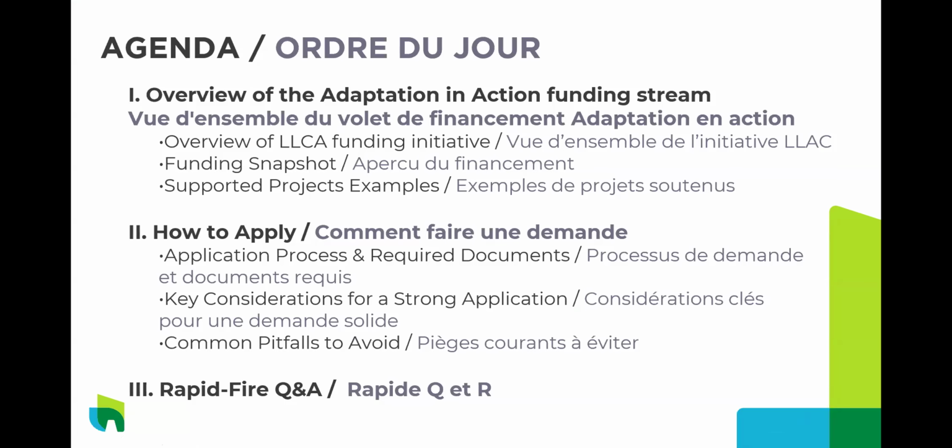So what is the funding offer? What kind of funding is available? What types of projects can we support? So we'll take a moment to get situated within the offer. And in the second part, we'll dive into the how. So looking at how to submit a strong application, how to avoid some of the common pitfalls and such. And once we've looked at the what and the how, we'll then have a short period of rapid fire Q&A.